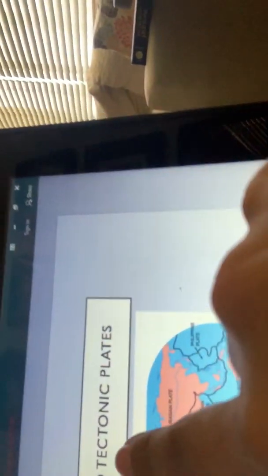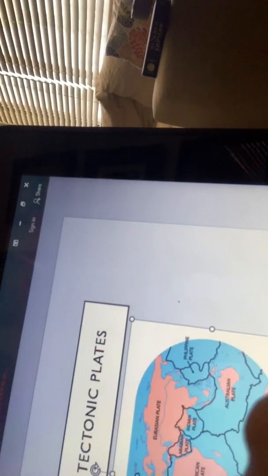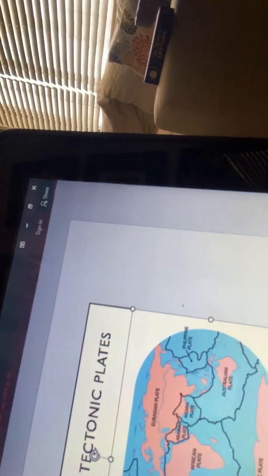Now we also have plates. The plates that make up the earth crust are called tectonic plates, and they're in constant motion. Let me see if I can turn this around so you can see this picture. Here, by California, this is the earth divided up into tectonic plates.